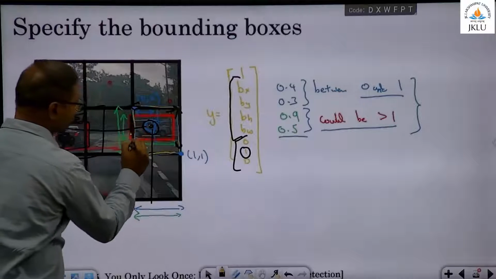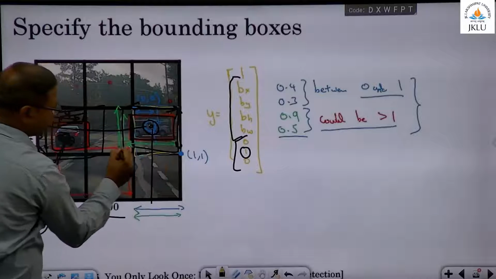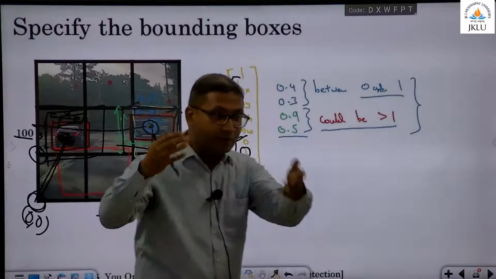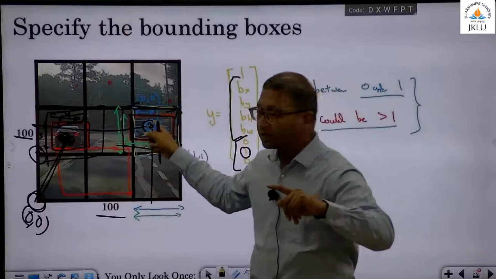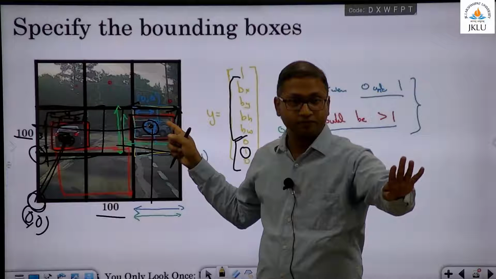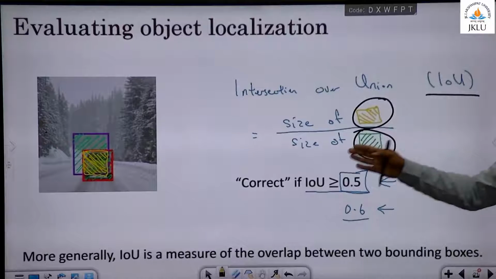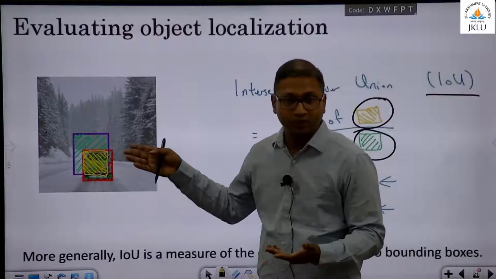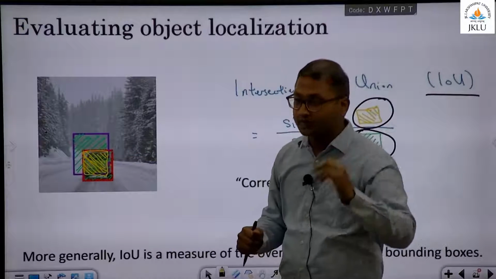One gives you this bounding box, another one gives you this bounding box for the same object, because the same image you have given to multiple human labelers. Each of them will come up with different bounding boxes. So you need to take care of which bounding box is the right one, whether it signifies the same object or not.